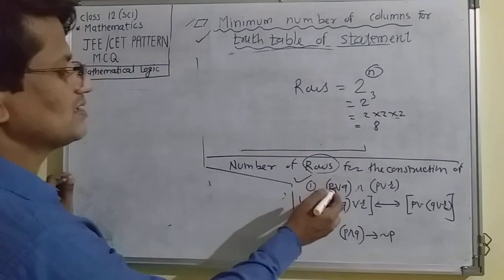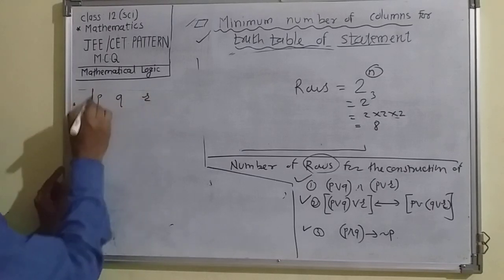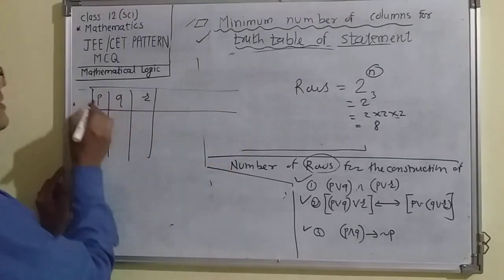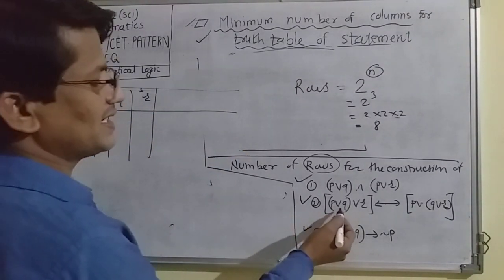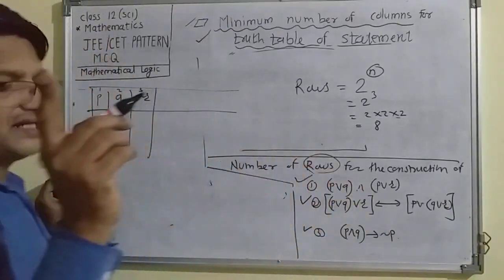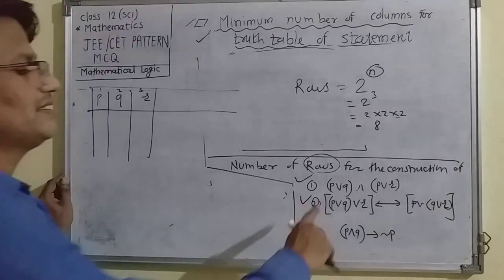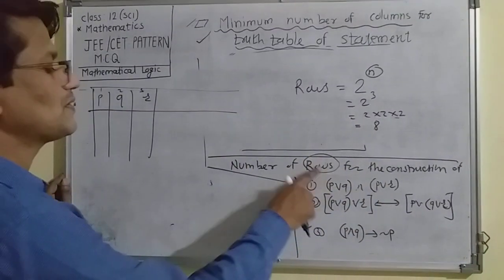Suppose here P, here Q, here R. Number 1, number 2, number 3. After that, negation P, not here. Negation Q, not here. But now we are discussing the number of rows.